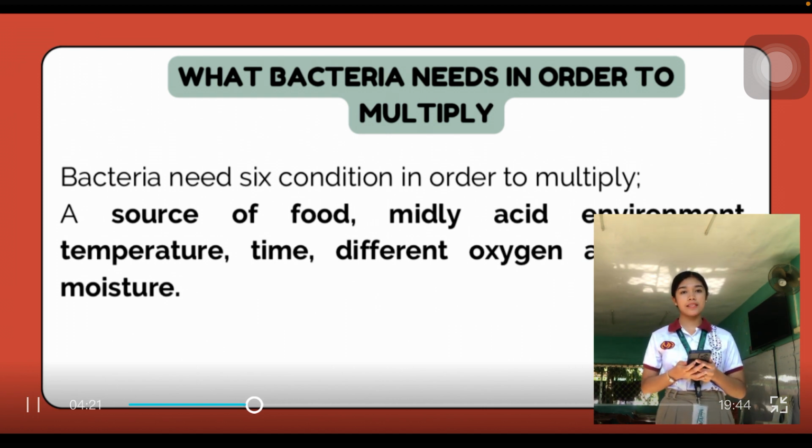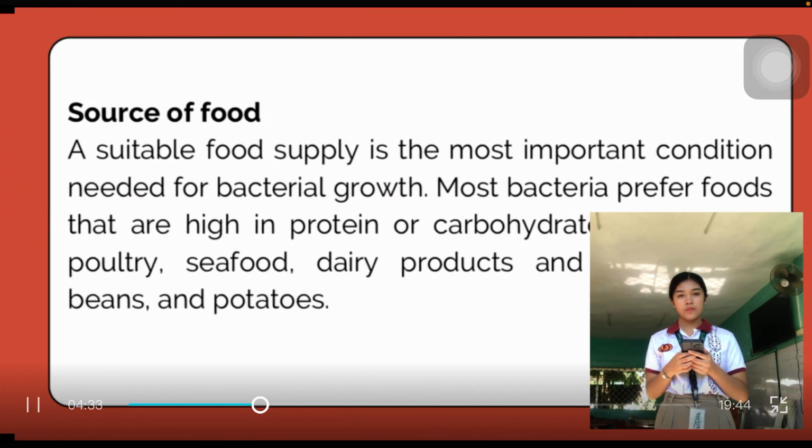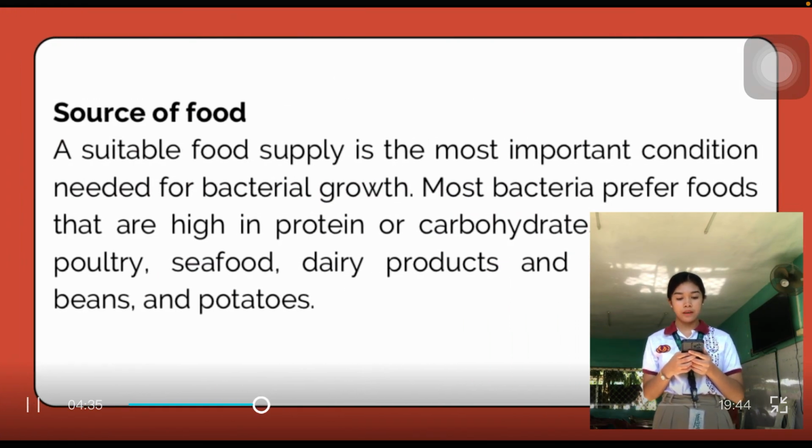We have 6 conditions: source of food, acidity, temperature, time, oxygen, and moisture. In the source of food, most bacteria prefer foods that are high in protein and carbohydrates, like meats, poultry, seafood, dairy products, and cooked rice, beans, and potatoes.